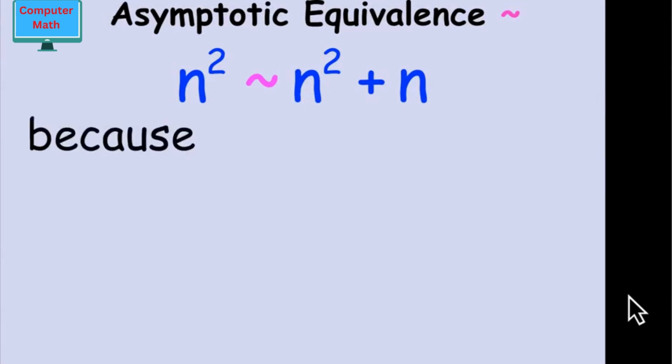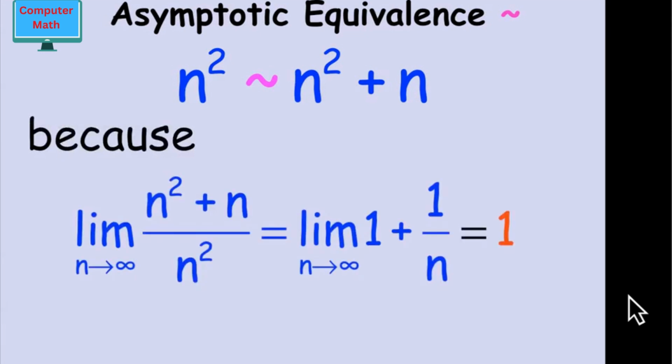Well, it follows trivially by manipulating the algebra. The limit of n squared plus n over n squared, simplifying, is just the same as the limit of 1 plus 1 over n. But as n goes to infinity, 1 over n goes to 0, so the limit is 1 as claimed. Those two expressions, or the functions they define, n squared and n squared plus n, are asymptotically equal.